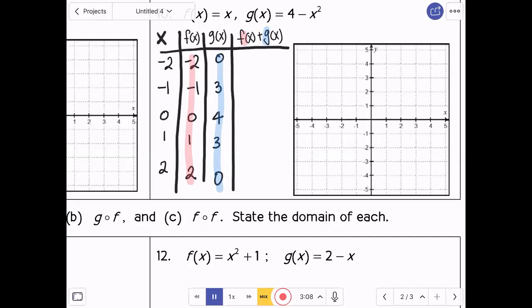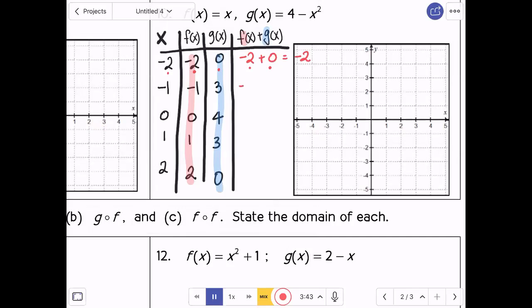For f plus g where x is equal to -2, it will be -2 plus 0. When x is -2, your f of x was -2 and your g of x was 0. So our first f of x plus g of x is equal to -2. We continue doing that.